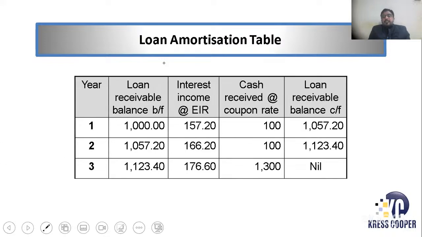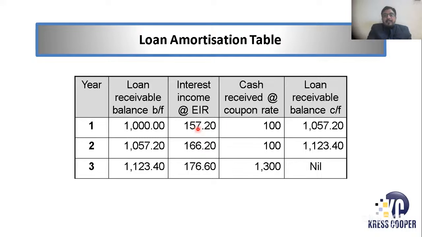So how do we use it? The bank has advanced 1,000. This is recoverable. On that 1,000, which is the face value, 10% is the interest. 100 is the amount of interest that it will receive in cash. But IFRS 9 says the interest income should be worked out based on EIR, effective interest rate.